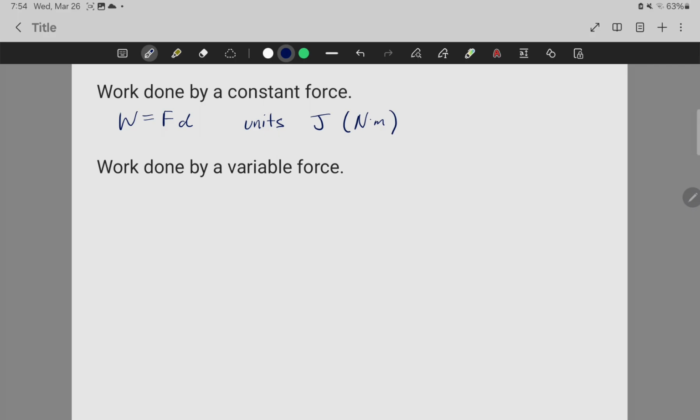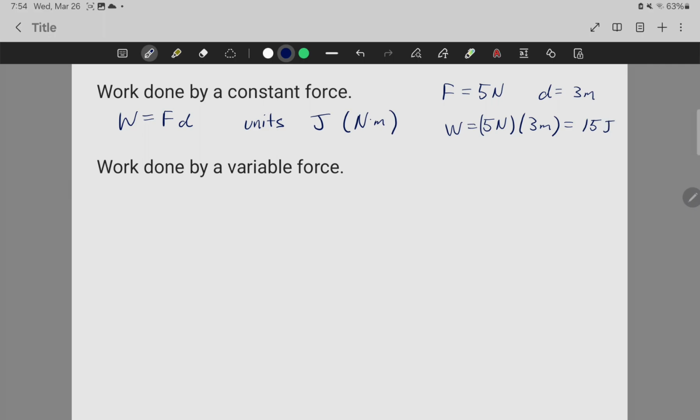For example, if a force of 5 newtons is applied to an object and it moves a distance of 3 meters, the work would be 5 newtons multiplied by 3 meters, which would equal 15 joules.